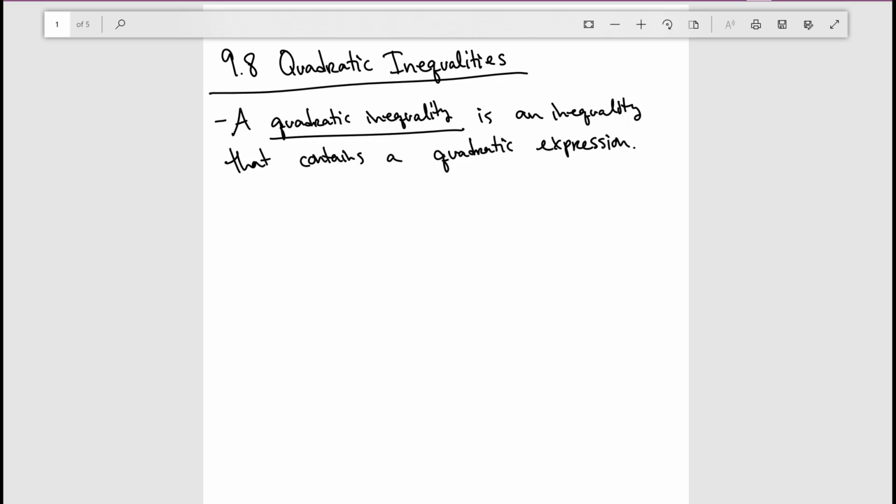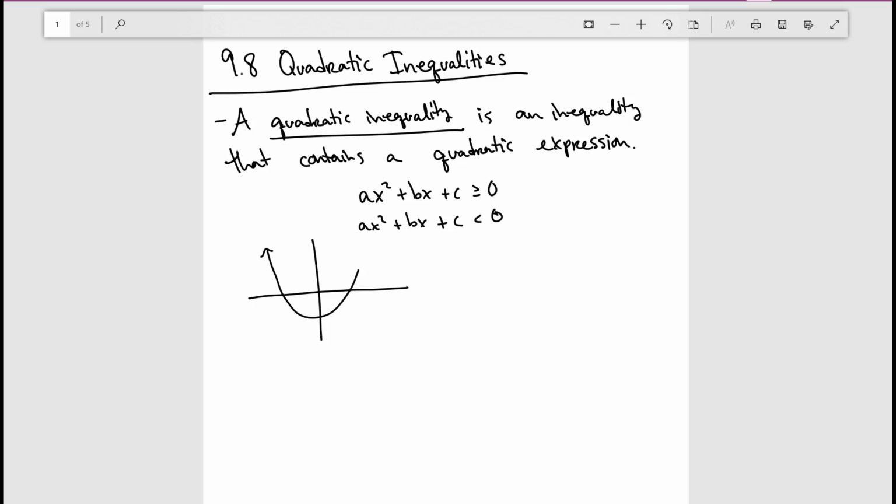So usually you will encounter something that looks like this: ax squared plus bx plus c greater than or equal to 0, or you might get ax squared plus bx plus c less than 0, something around those lines. If you look at these problems, basically what am I asking you? Well, here is the parabola.